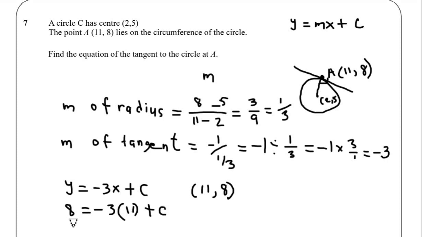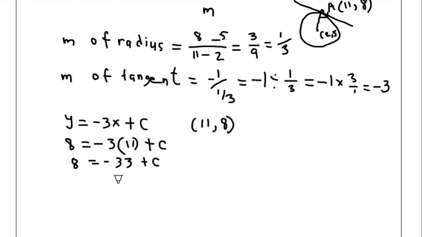So 8 is -33 plus c, and then c will be 8 plus 33, and that is going to be 41. So finally, the equation of this tangent is y equals -3x plus 41.